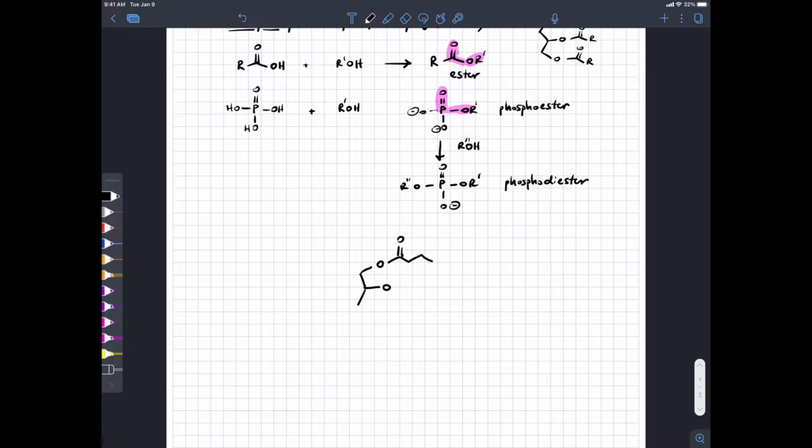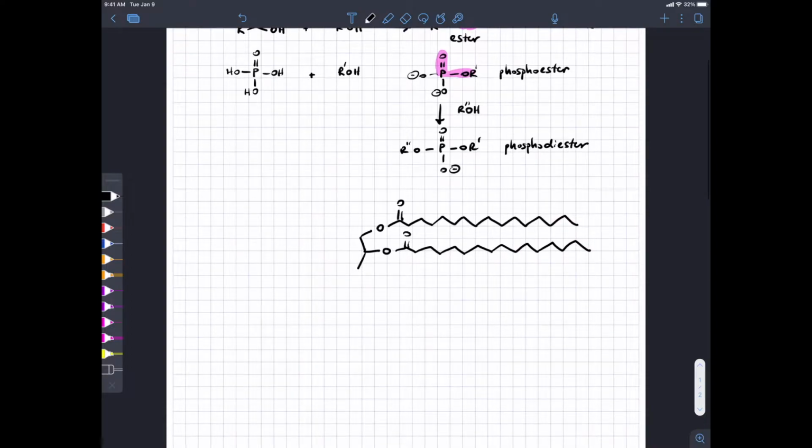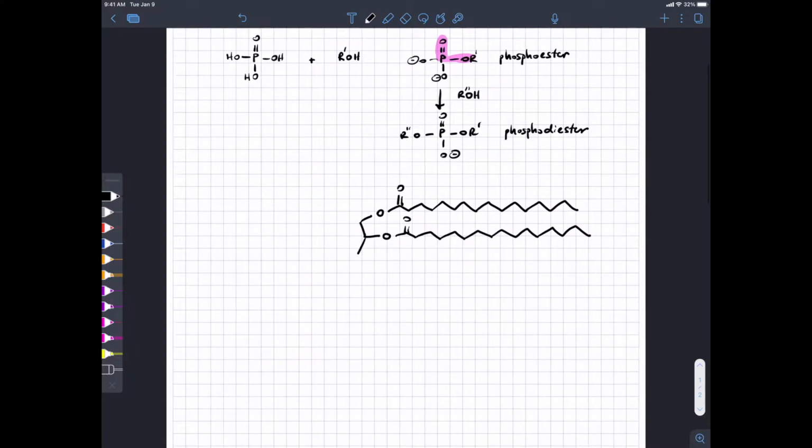And the identity and length of the hydrocarbon chain on the fatty acid varies. 2, 4, 6, 8, 10, 12, 14, 16, something like that. So we won't worry necessarily about how many carbons are in the chain. But then the third alcohol is the one that's involved in a phosphoester.